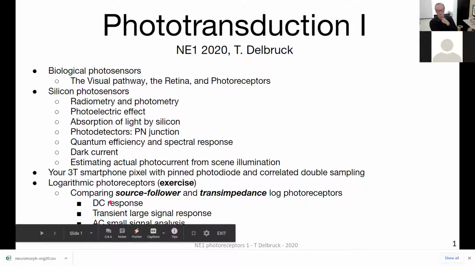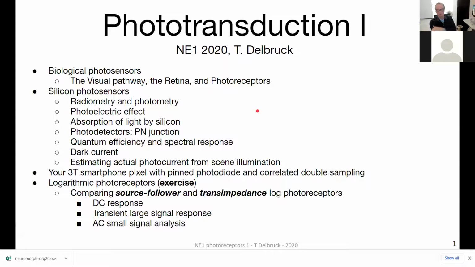We'll go through the computation of the DC response. And in the exercise, you're going to do a transient large signal response simulation using the time-stepping Euler solver within NumPy. And you'll also plot some small signal AC analysis for the circuit.